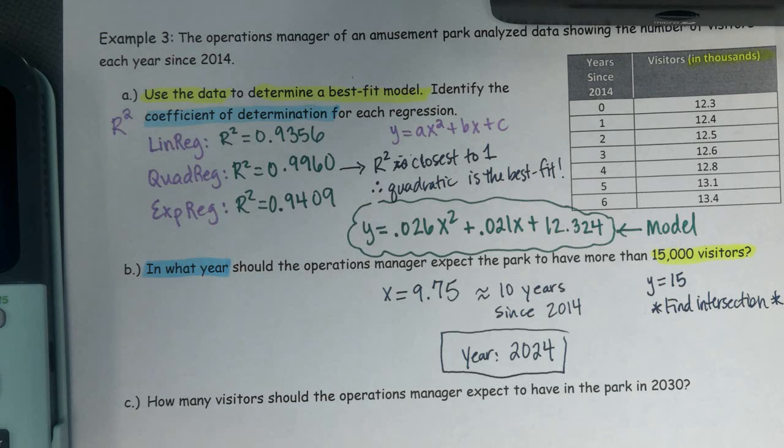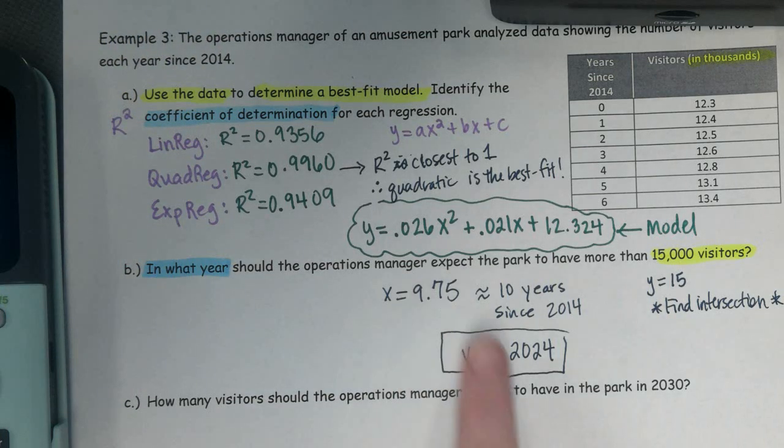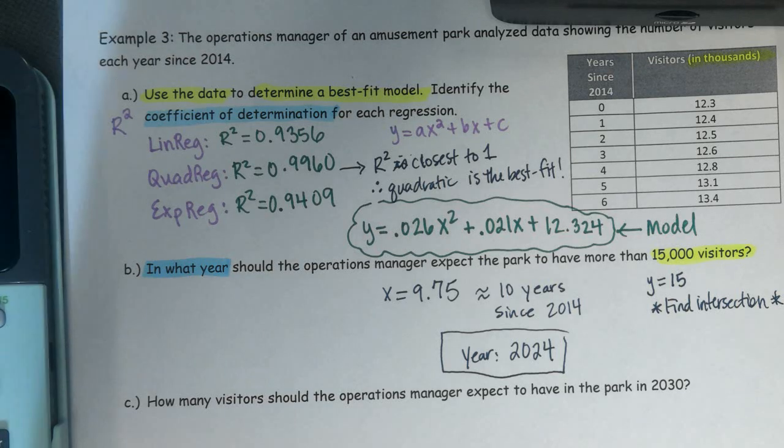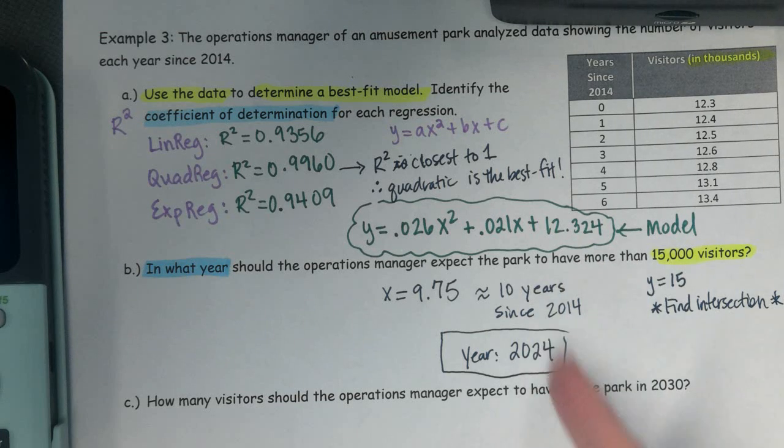If you wanted to say that and leave it as the 9.75, that'd be fine. I'd be impressed if you told me what month it's in. Okay. So just look and see what it says. Like if you're rounding to the nearest year, right? Your model is an approximation, so you can just round up on that.